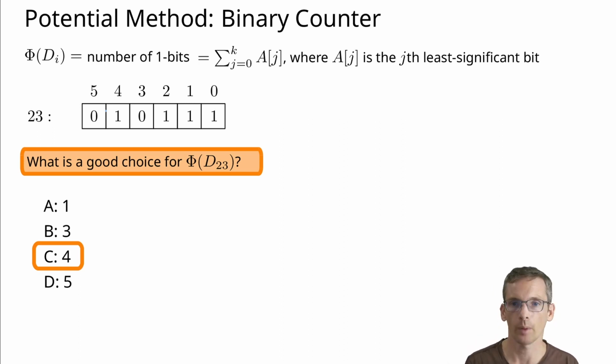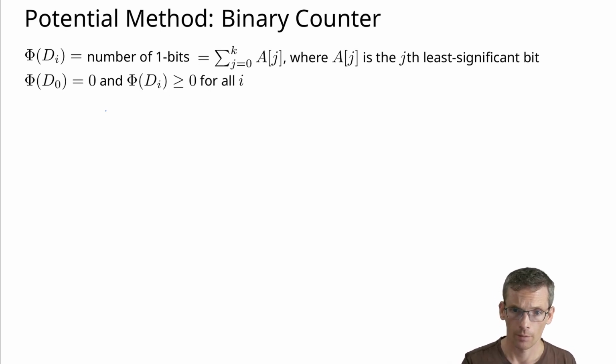So that's a different way of writing this potential. Let's check our conditions. The potential initially is 0, that's good. And the potential stays above 0 or 0. Yeah, so it's non-negative, because if I count the number of 1 bits, okay, that's at least 0. So we have a valid potential function.